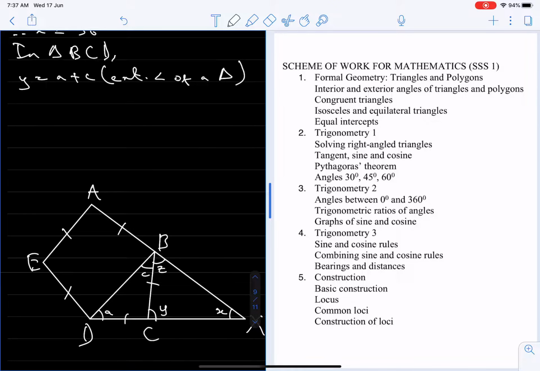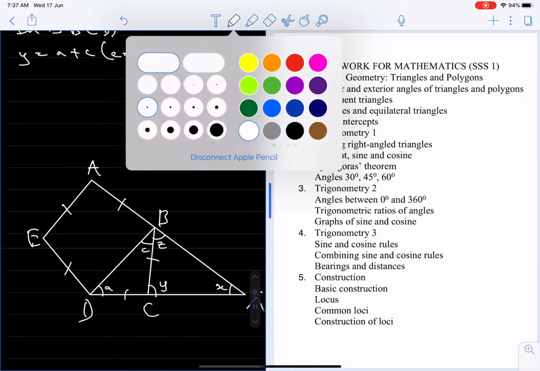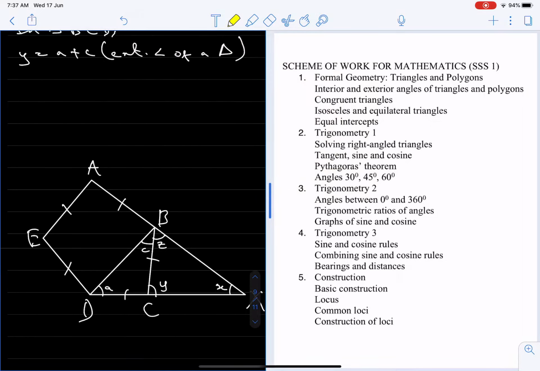Now here, how do you determine which angles are opposite interior angles to an exterior angle? Of course, this is triangle BDC. You can see that this is triangle BCD. So this angle here is an exterior angle to it because it is formed by extending side DC of triangle BCD.